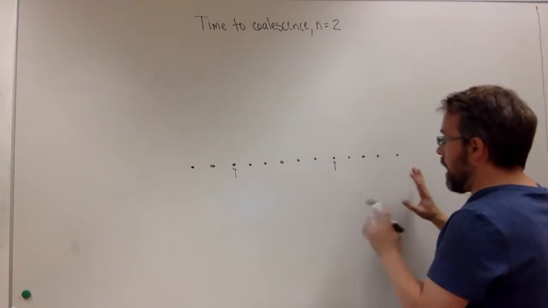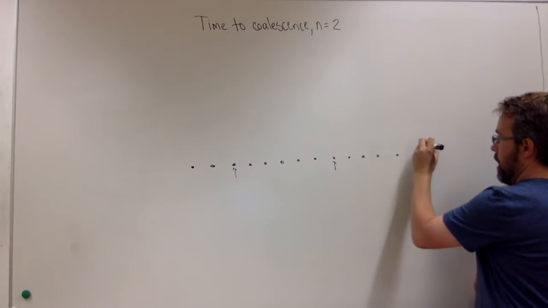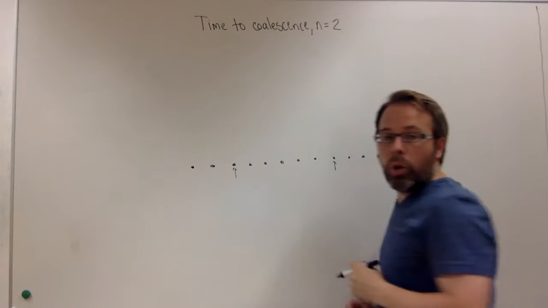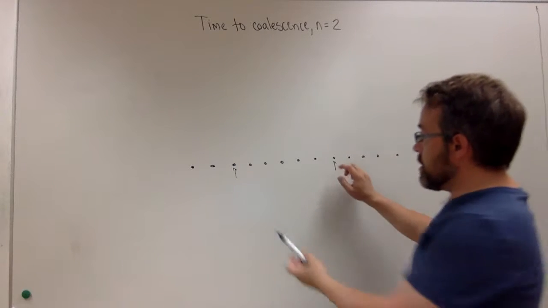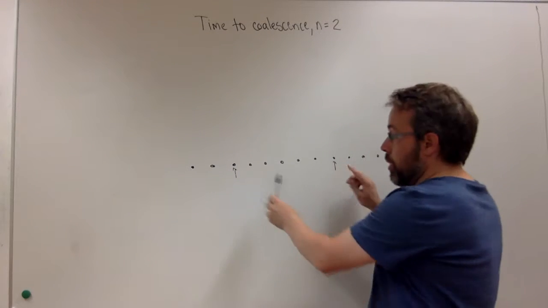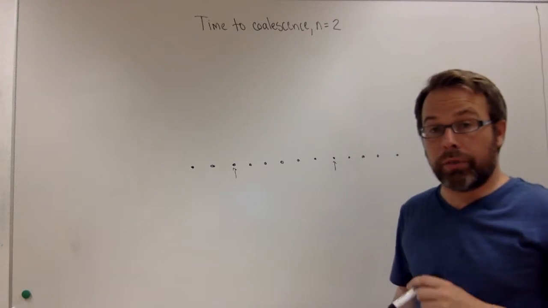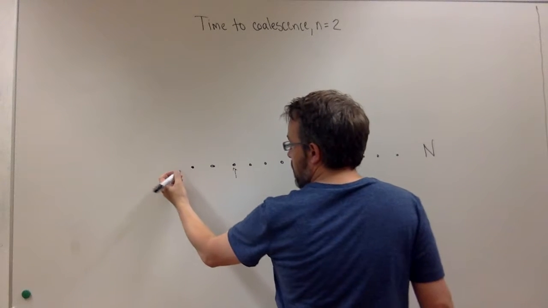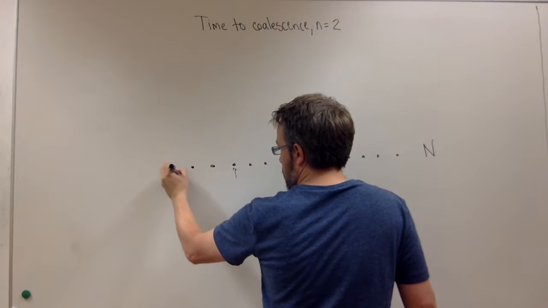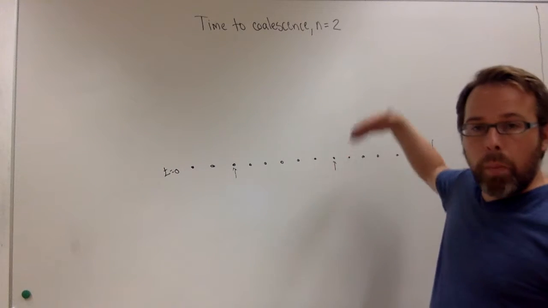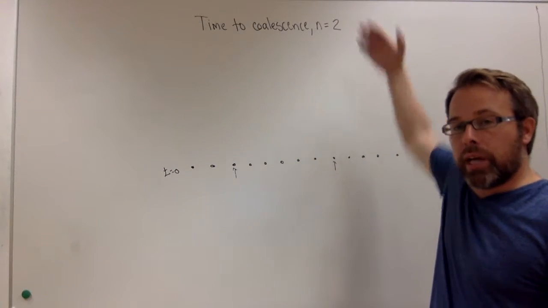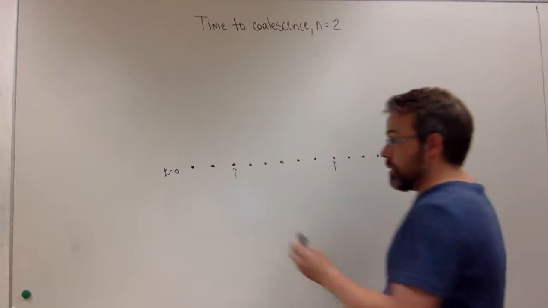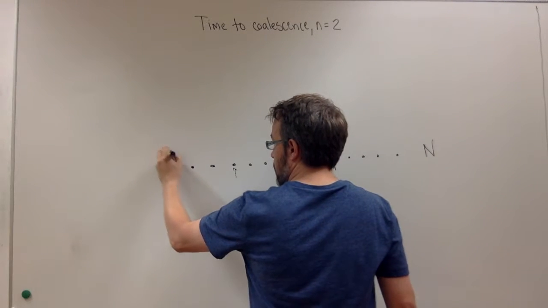Okay, so what we're asking there is, in a population of n individuals, so this is about 12 or so, how long ago did these individuals diverge from each other? So, to get at that, we're going to go back in time, one generation at a time, and think about what the chances of things happening are.